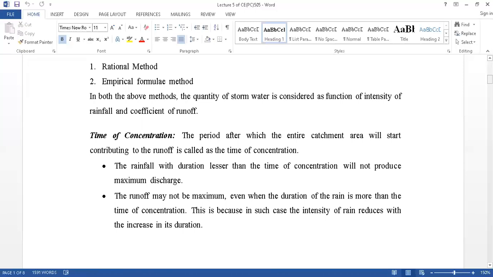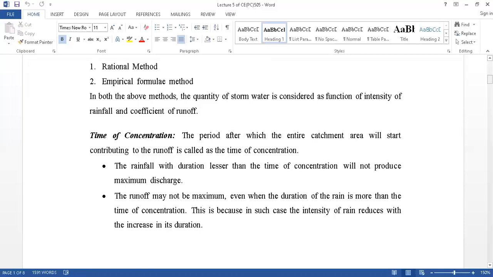Why is it so important? Because it is the interval of time after which the entire catchment area where rain falls will start contributing to the runoff. That means when that time is over, the entire catchment area starts the runoff, and that is called the time of concentration.